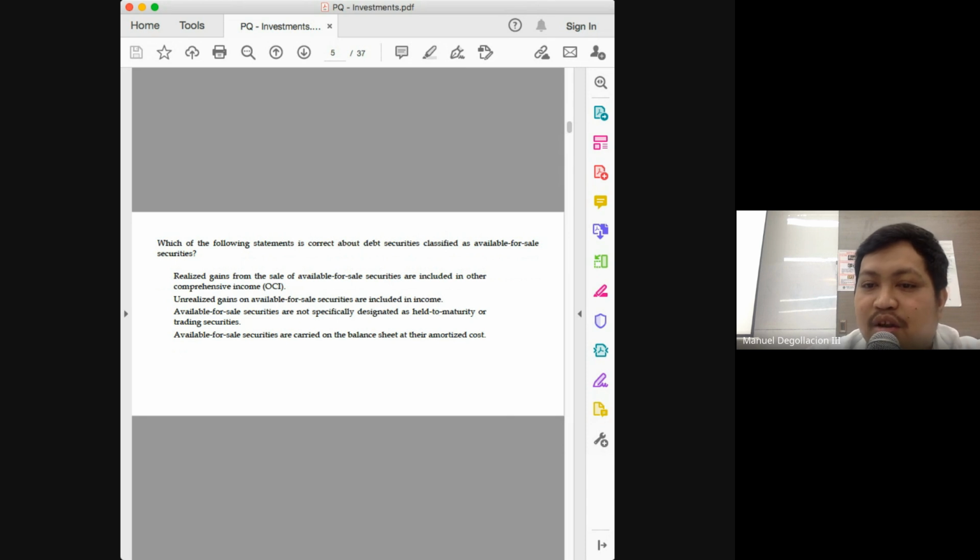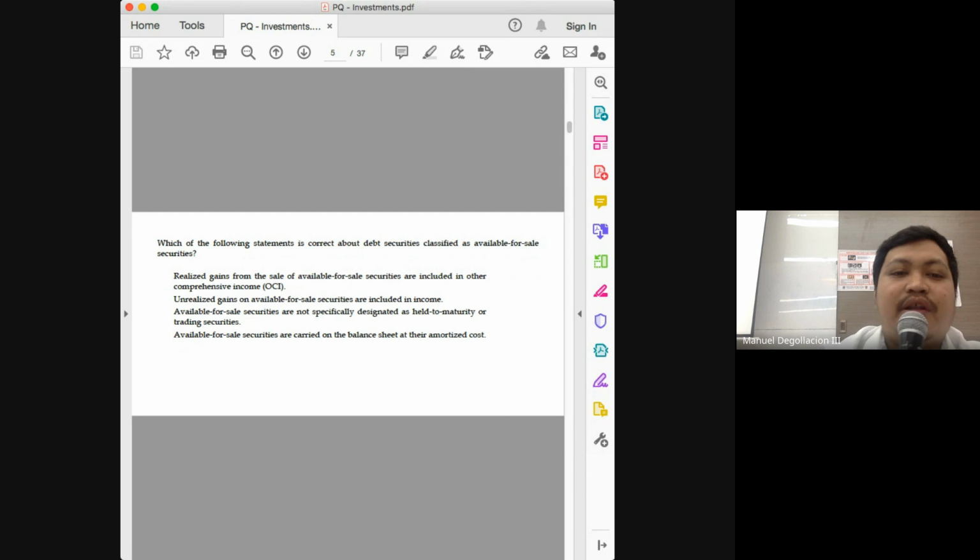Realized gains from sale of available for sale securities are included in other comprehensive income. Plus, if it's realized already, it will not go to your OCI, but it will go to your income statement. Why will the first choice be somewhat confusing, class? Because if you're dealing with unrealized gains or losses from available for sale securities, it will be reported in OCI.